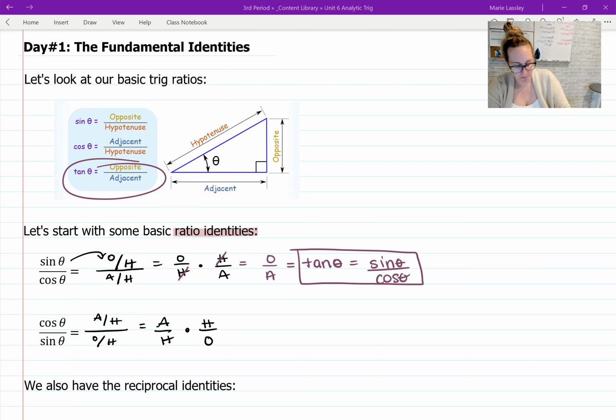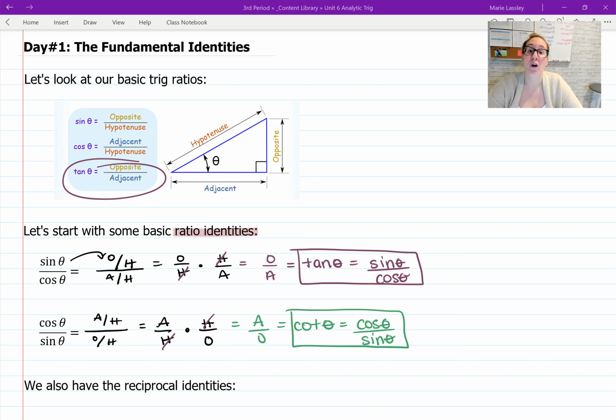We can simplify out the hypotenuse piece, and now we're left with adjacent over opposite, which is cotangent. So this is our second identity. Cotangent is equal to cosine over sine. And again, that is true not just on our unit circle, it's true for all triangles.